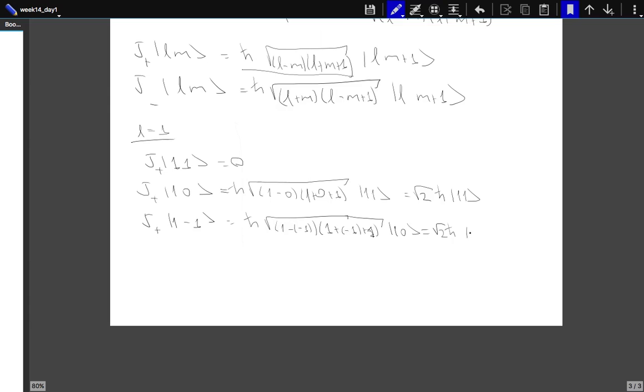So this is again square root of 2 h bar times 1, 0. So we can denote 1, 1 by the column matrix 1, 0, 0, 1, 0 by the column matrix 0, 1, 0, and 1, minus 1 by the column matrix 0, 0, 1.